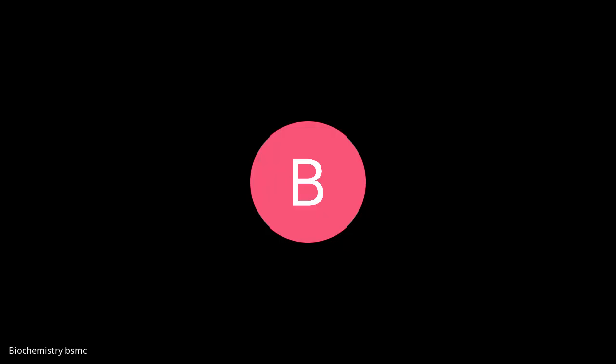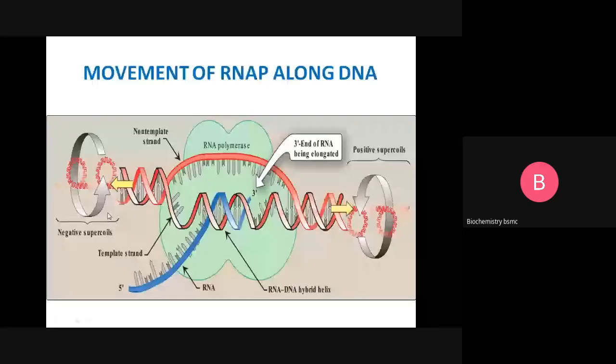So in both these cases, the positive supercoils created ahead of the transcribed region and negative supercoils created due to torsional stress behind the transcribed region, to relieve them, the topoisomerases, as we know in replication, are also important for transcription.